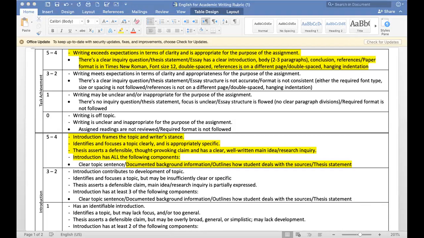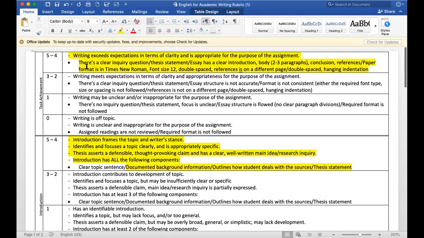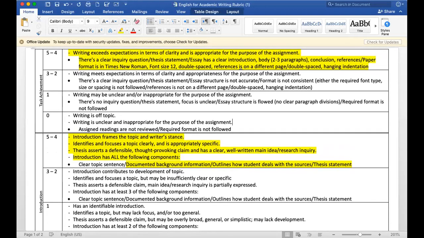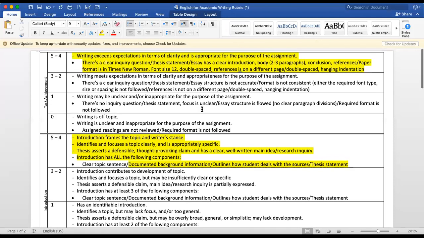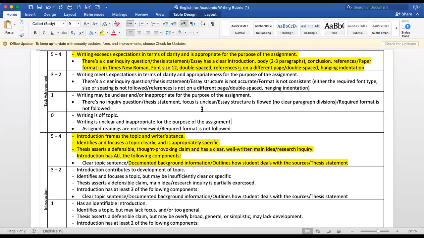I'm sharing it. Okay, can you all see it? Yes. Right. While you are writing, I need you to have this in front of you at all times, because when I give you a grade on your essay, it will not be based on my own personal liking, whether I like your essay or not.